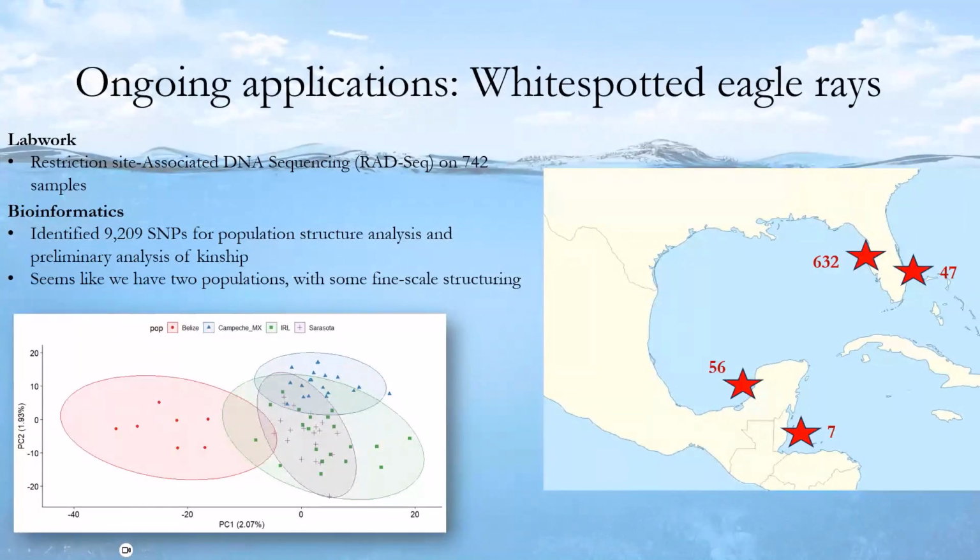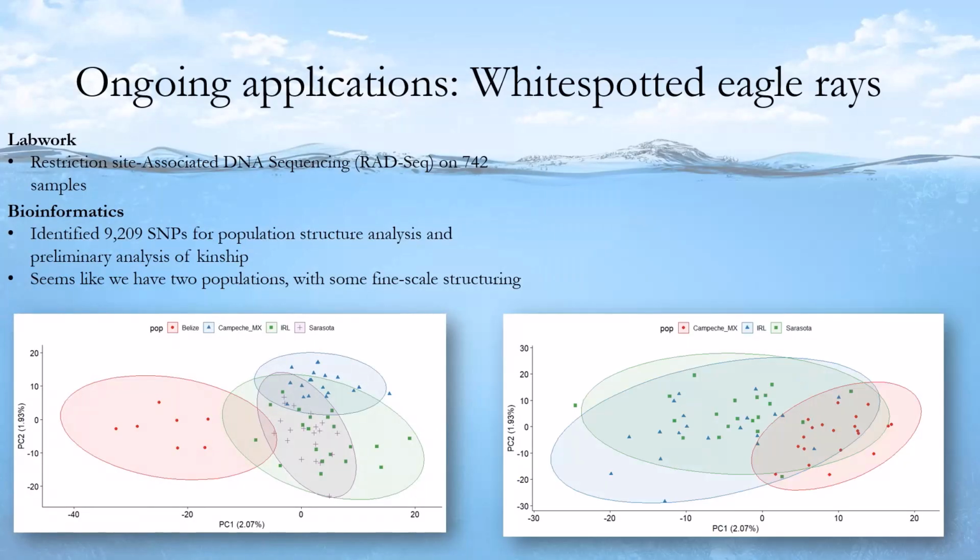When we remove Belize and the influence that it has on this plot, then we can start to see the samples from Mexico, the red dots in the plot on the right, also start to separate out a little bit from the samples around Florida. And so IRL and Sarasota are our 2 Florida locations. And so it does seem like we have clear population structure between the Gulf of Mexico and outside. And then we also seem to have some fine scale structuring between Mexico and Florida.